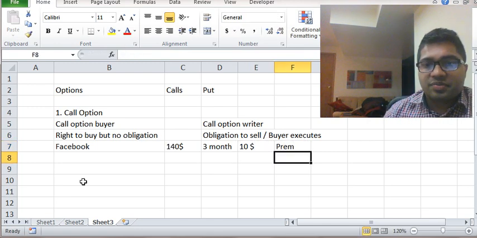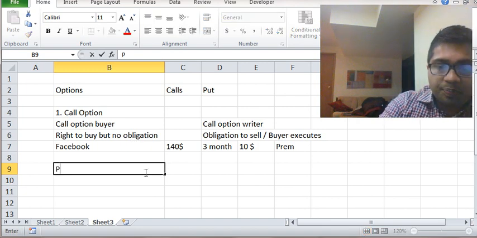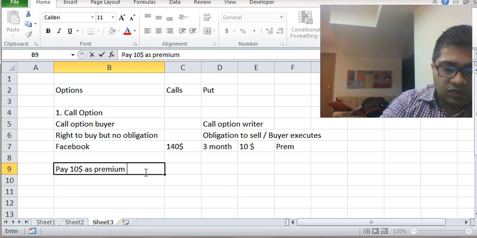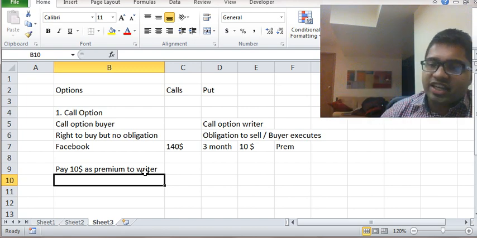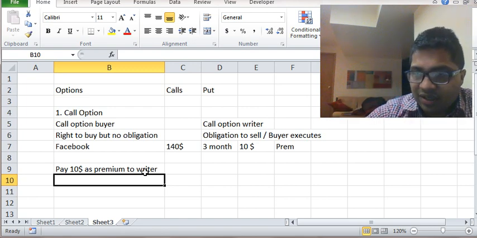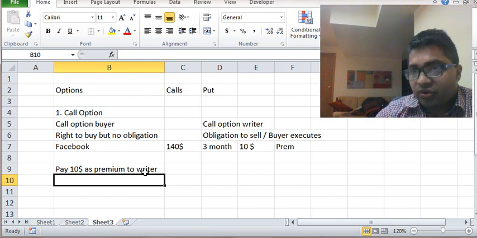So what does it mean? As a buyer of a call option you click on buy. You pay $10 as premium to the writer. Premium once paid is never returned. So premium is a cash outflow that you will never get back. So you pay $10 to the writer to buy this option. After paying premium, what do you get?